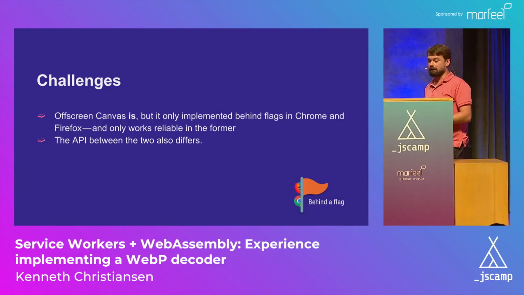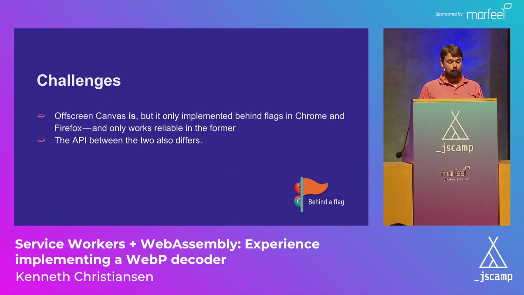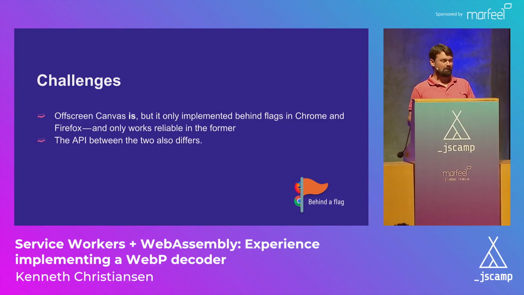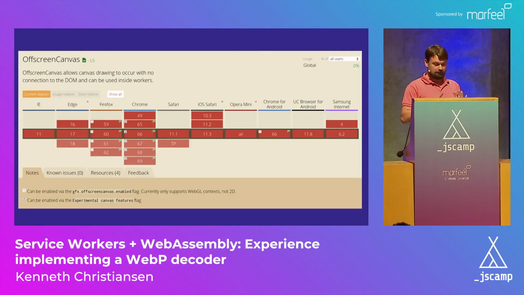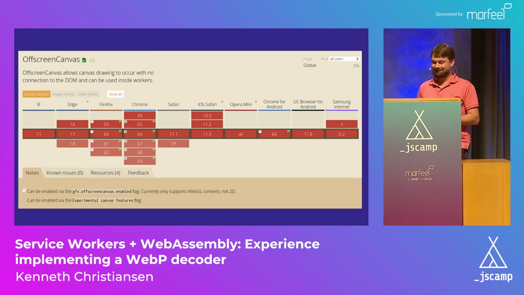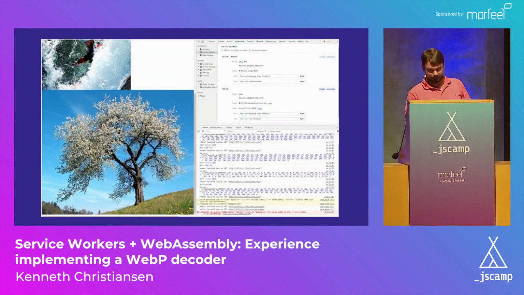And that was available in both Firefox and Chrome behind the flag. Unfortunately, the API between the two implementations is different, and it was only reliable in Chrome. It crashed a lot in Firefox. If you look at the support for this feature, it's pretty bad, so this is not really something you can use in production. But anyway, it's cool. Let's see if we can do this.